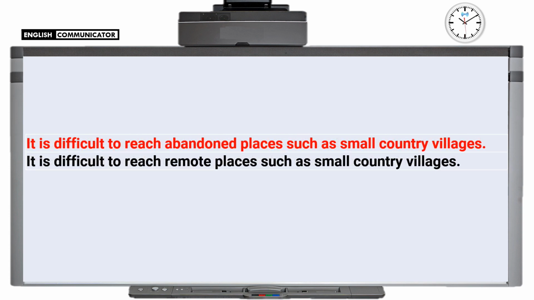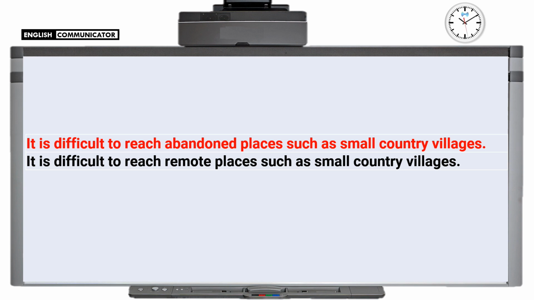"It is difficult to reach abandoned places such as small country villages." It's wrong. "It is difficult to reach remote places such as small country villages." So what's the difference?